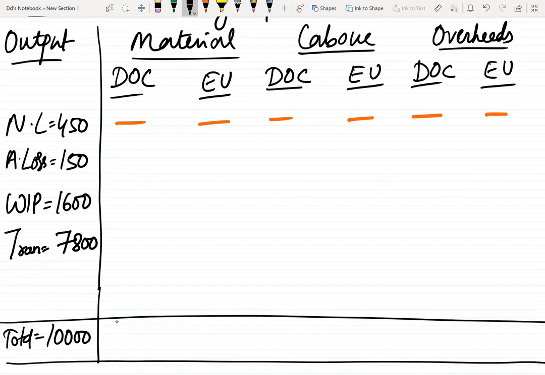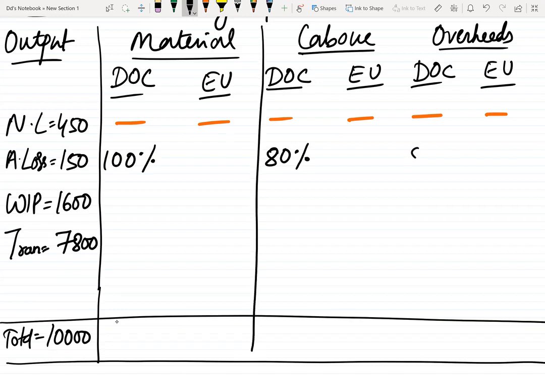Now, abnormal loss. What to do? If nothing is given, then I can take 100, 100, 100. Don't worry, I will dictate a summary a little later on what to take as DOC in step 1, once and for all. But here in this question, read the third line after the table: degree of completion for loss units can be taken as 100, 80, 80. Take it here.